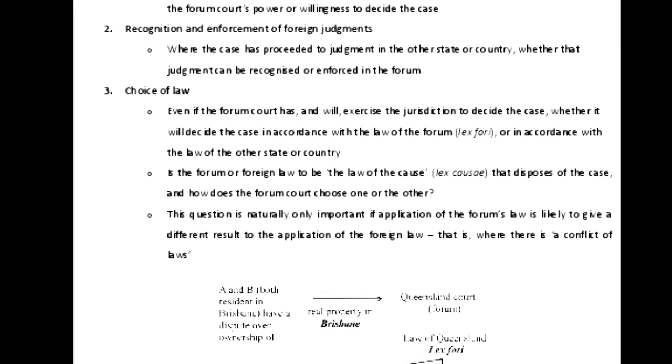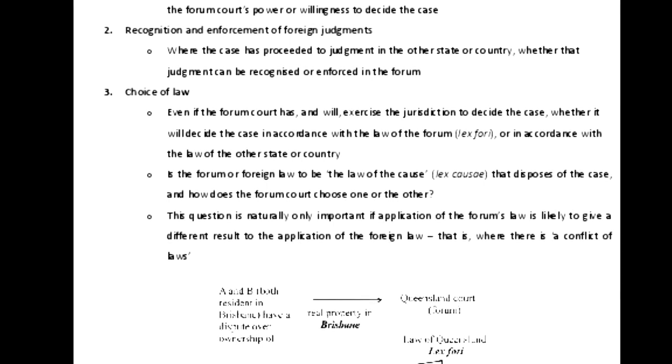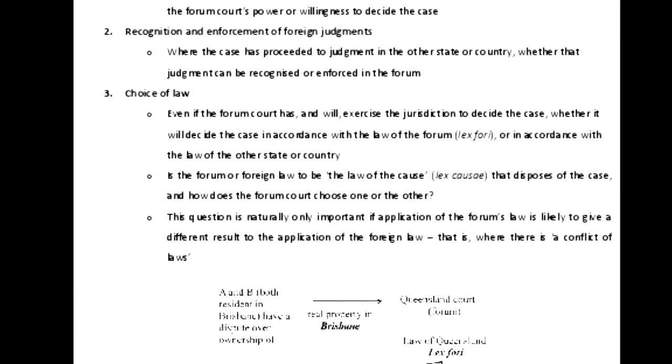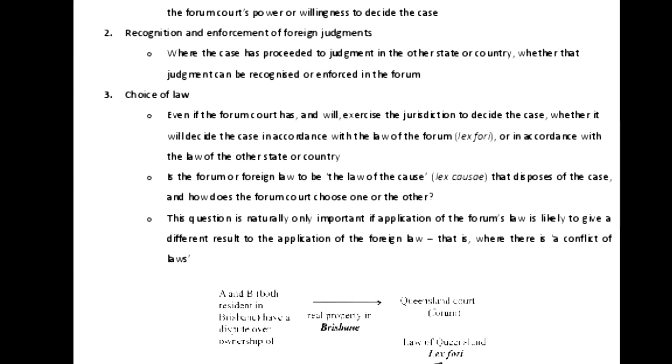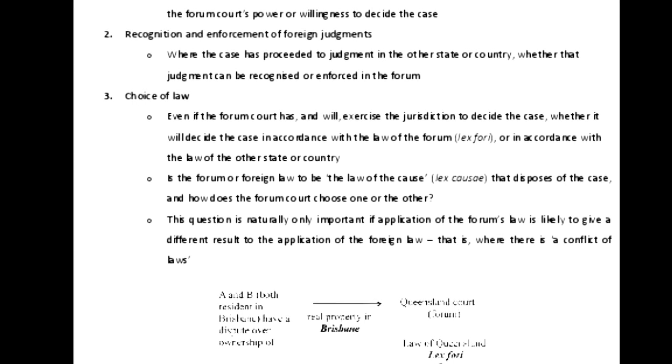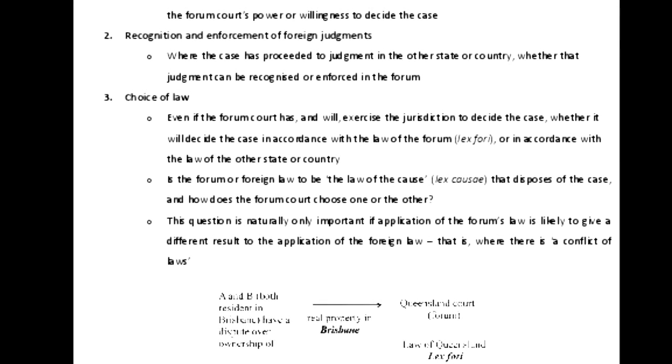Wonderful. Now, this is known as the principle of universal jurisdiction. This is a very good example, in fact, that there are certain situations which are of such a nature that every court may exercise jurisdiction over them. Universal jurisdiction applies in relation to crimes against humanity, war crimes, genocide.